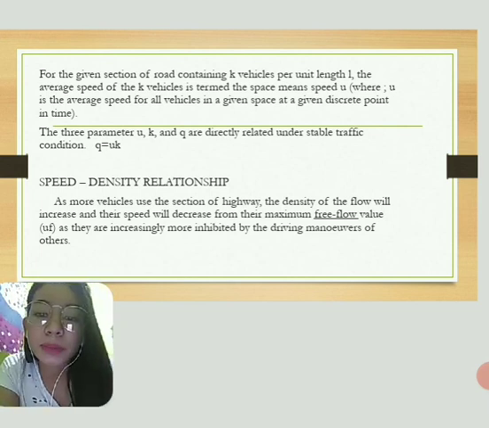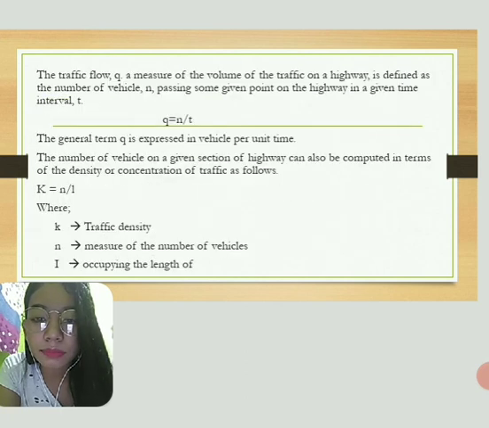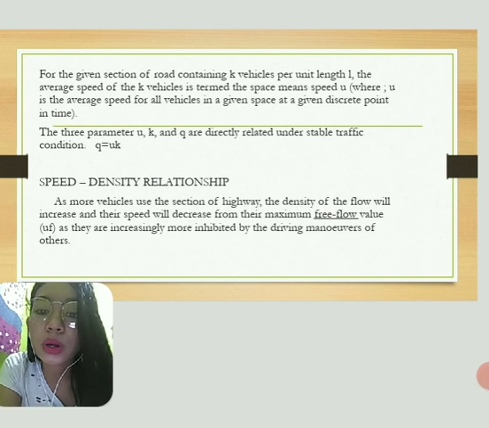The three parameters, U the speed, K the density, and Q the traffic flow, are directly related under stable traffic conditions: Q equals U times K.